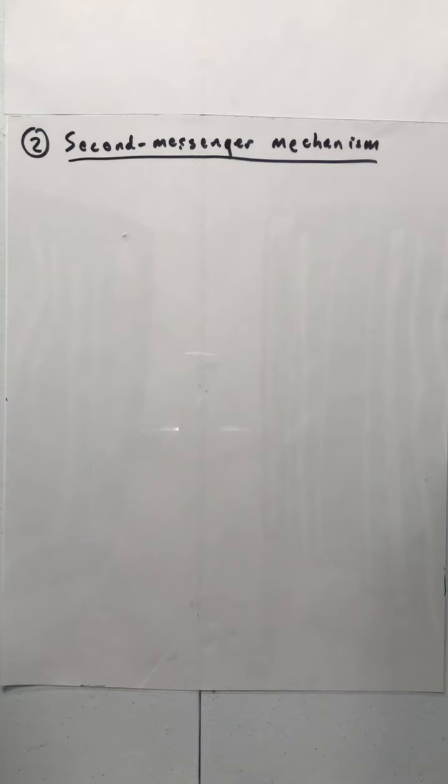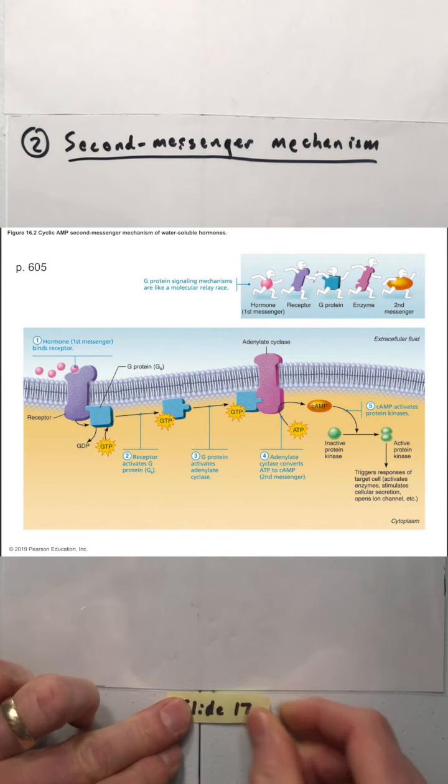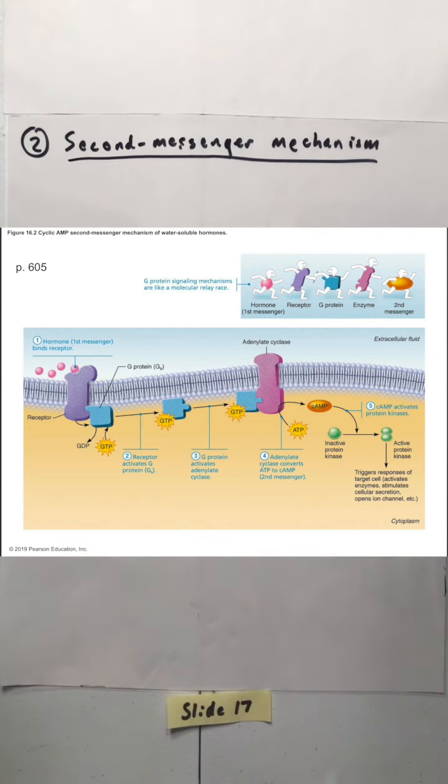And I would say let's start by looking at slide number 17 in your PowerPoint presentation. It shows a nice overview of what happens when hormones are working via second messenger systems.